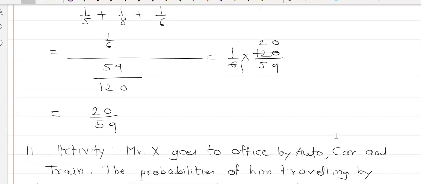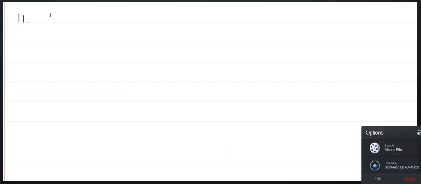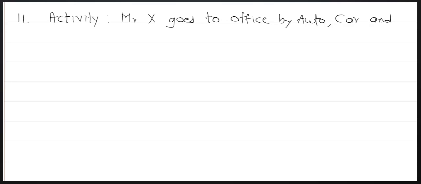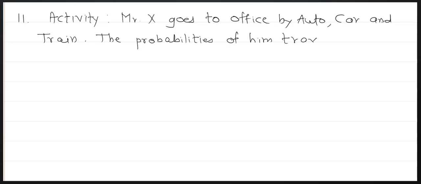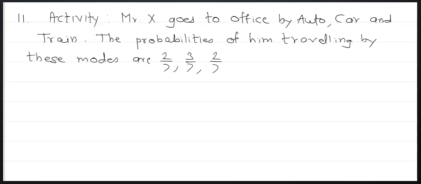Now next, problem number 11. Activity. Mr. X goes to office by auto, car and train. The probabilities of him traveling by these modes are 2 by 7, 3 by 7, 2 by 7 respectively.